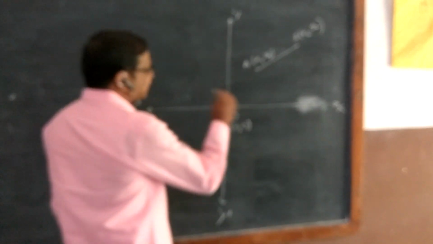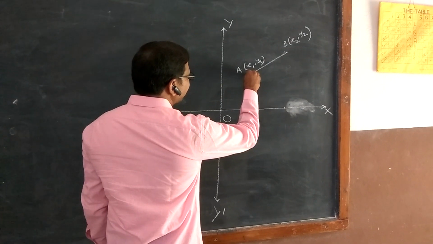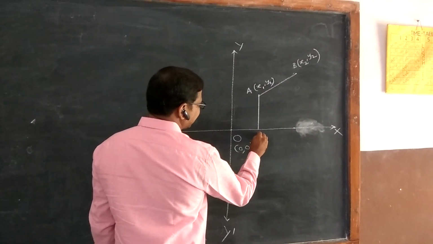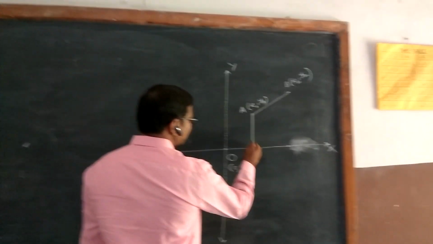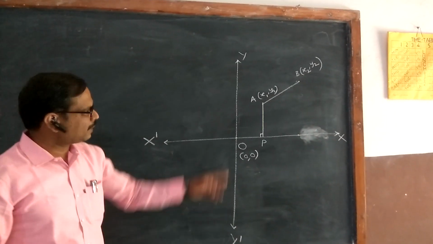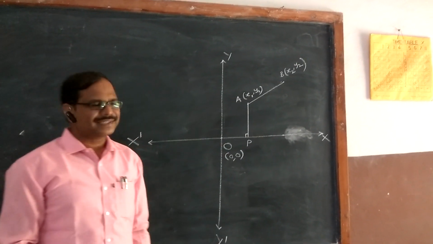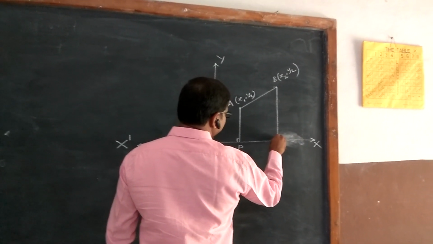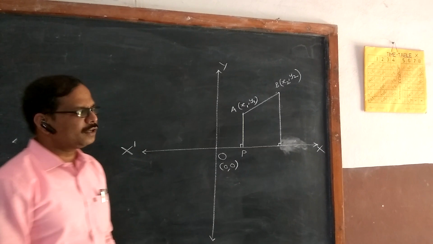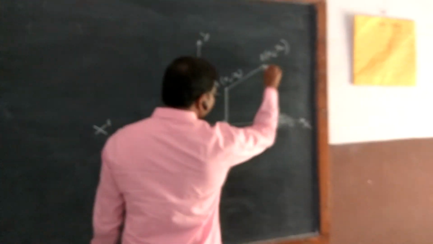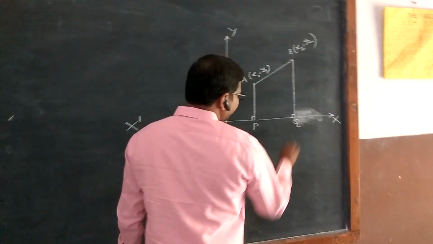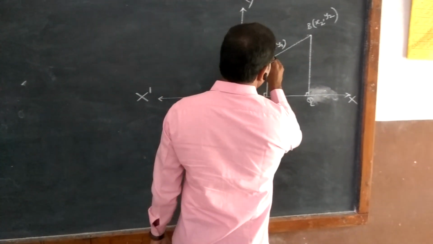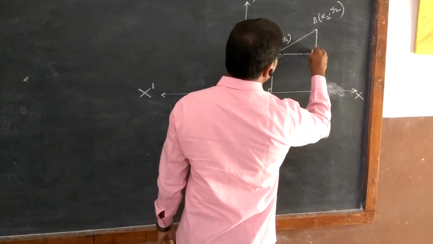For that, drop one perpendicular from A to the x-axis. Let it be P. Similarly, from B to the x-axis, another perpendicular is drawn, BQ, and one more perpendicular from A to BQ.